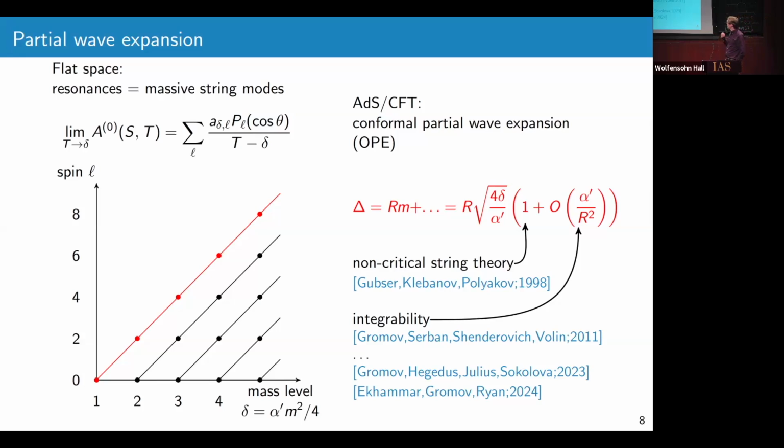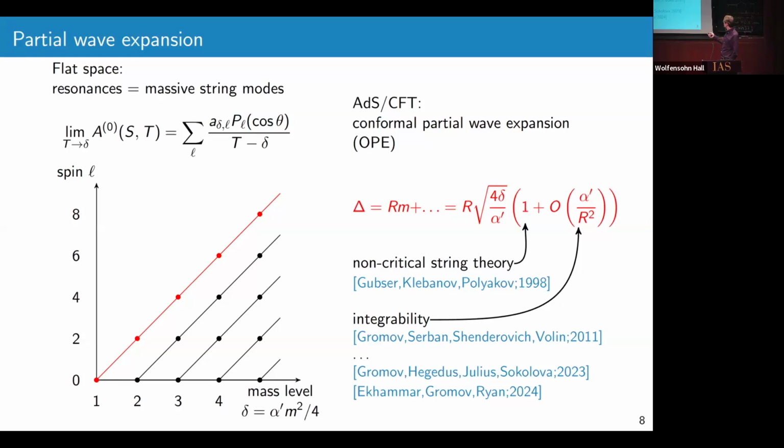And the AdS-CFT dictionary tells us that in the flat space limit, the dimensions of the exchanged operators should be given by R times the flat space masses. So we can insert this relation to write this in terms of the mass level. And it was shown in this paper that in n equals 4, we have indeed operators of this leading dimension at strong coupling.